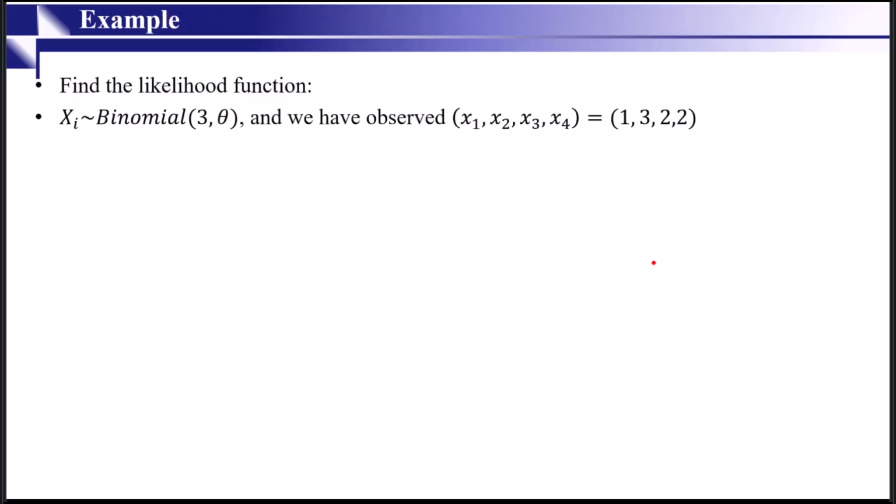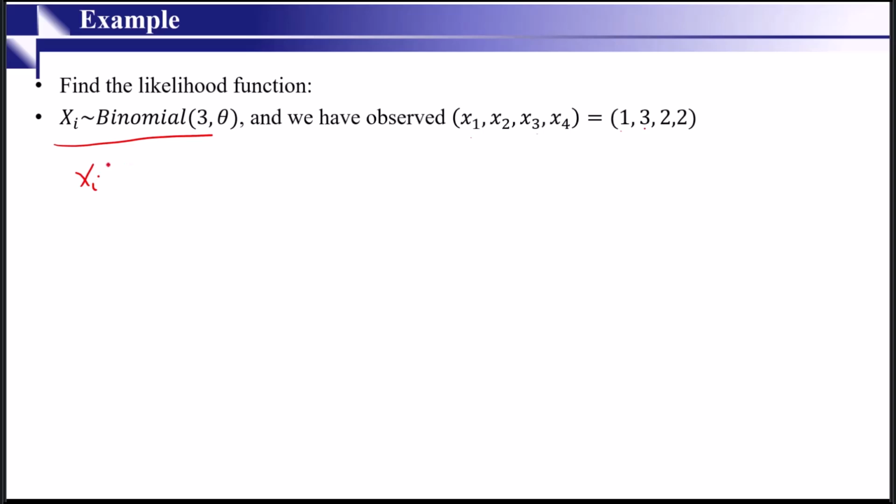Here is one example. We want to find the likelihood function if x follows a binomial of 3 and theta, and we have observations x1, x2, x3, x4 equal to 1, 3, 2, 2, right? We already learned that when we have a random sample xi that is iid, we can find the joint PMF or joint PDF by multiplying the marginal PDF or PMF.